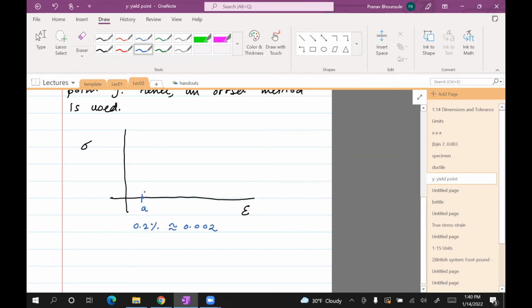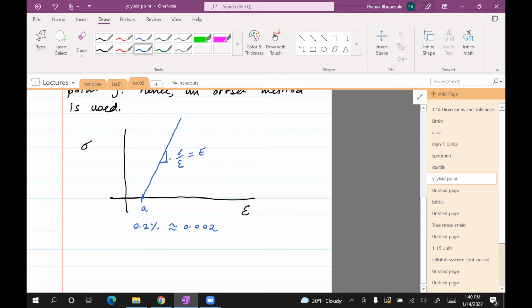Okay, and from here we draw a line, and this line has a slope equal to what is known as the Young's modulus, which is the ratio of stress to strain in the elastic limit. So the slope is E.